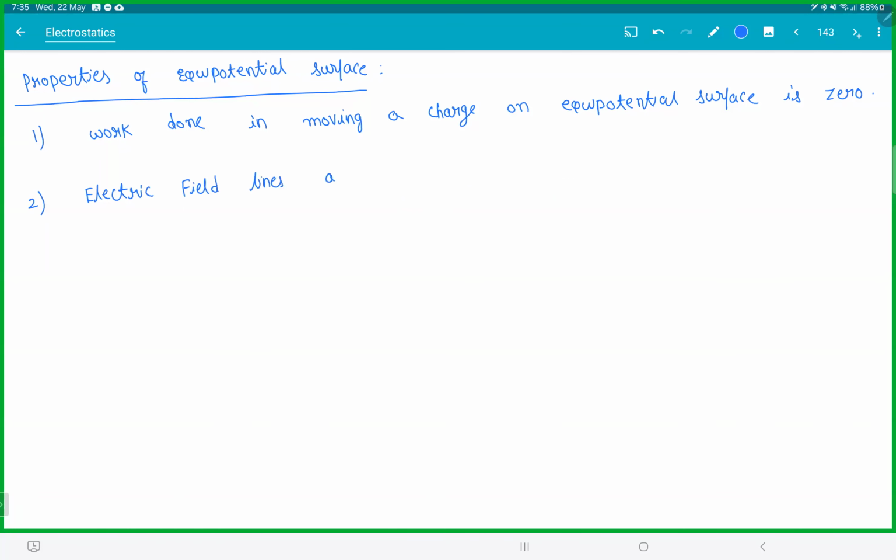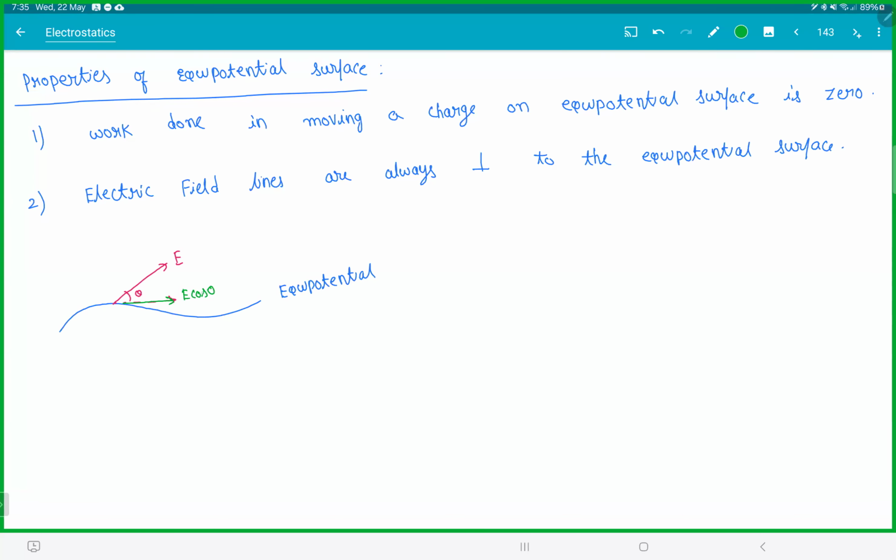Electric field lines are always perpendicular to the equipotential surface. Why? Think about it. Suppose this is your equipotential surface, and let's say we have a field like this. So if you have components like E cos theta and E sin theta.